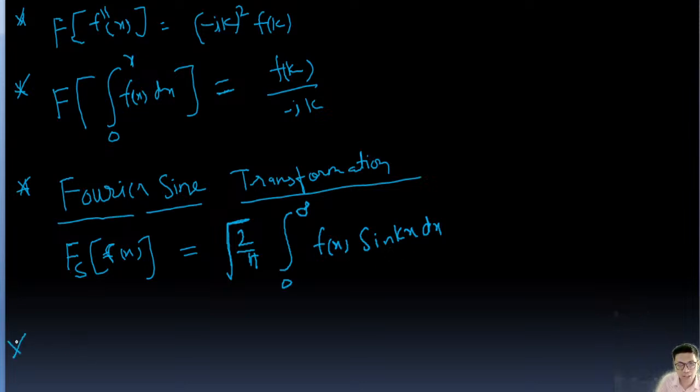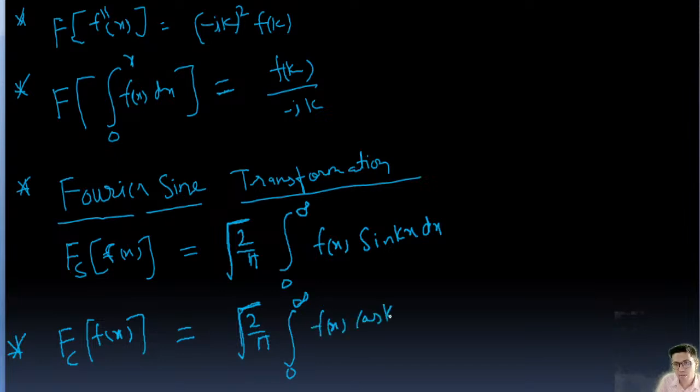Okay, similarly the Fourier cosine transformation of f(x) is going to be root 2 upon pi integration 0 to infinity f(x) cos kx dx.